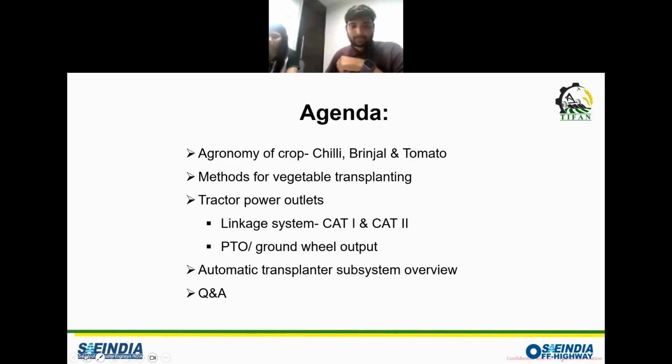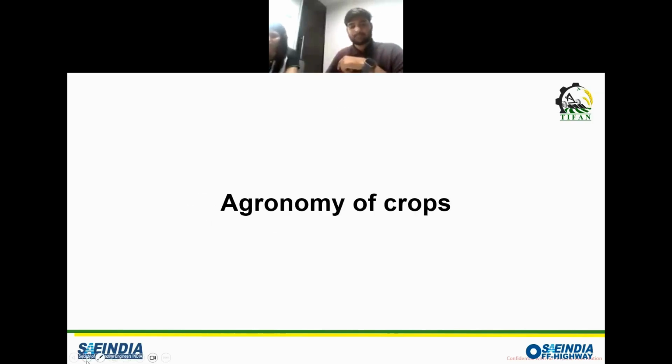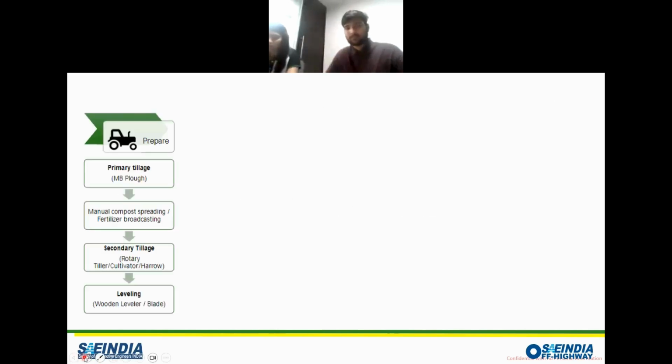The first topic that we will do is the agronomy of the crops. Most of you from a farmer background will know about this, but for the students who don't have awareness, we will go through the different stages of crop growth and land preparation to develop any crop. The first stage is the preparation stage.